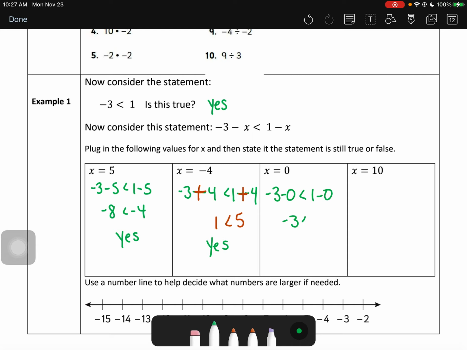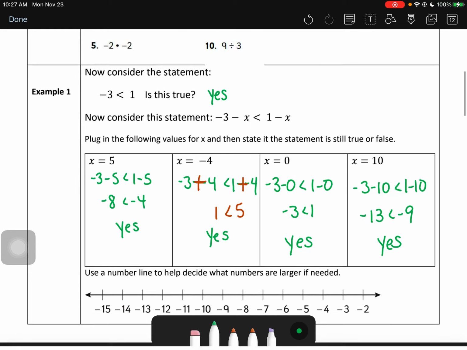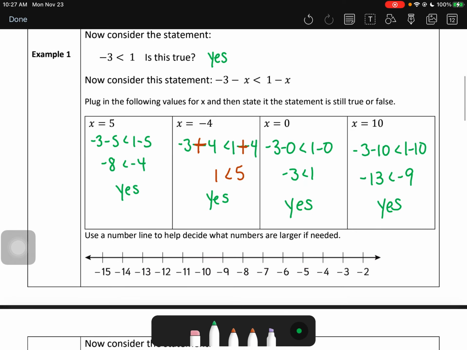Is negative 3 less than 1? Yes, that is still true. And let's try 10. Negative 3 minus 10, is that less than 1 minus 10? Negative 3 minus 10 is negative 13, and 1 minus 10 is negative 9. Yes, it is still true. So use a number line to help decide what numbers are larger if you needed that.